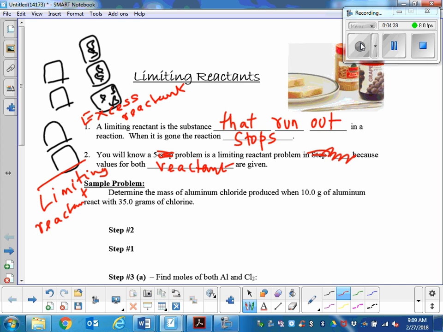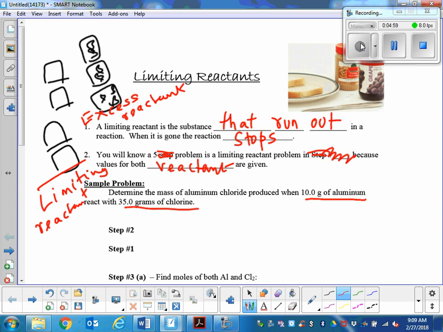Okay? So it says 10 grams of aluminum reacts with 35 grams of chlorine. The mass of both the reactants are given. Does that make sense? I know that this is a limiting reactant question.